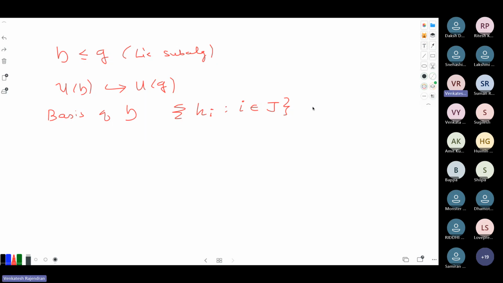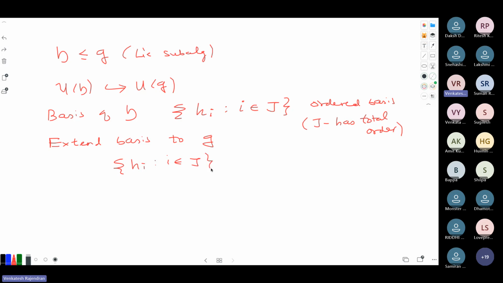You have a total ordering on J. Okay, so this is an ordered basis. That means J has a total order. So now what you do, you extend this basis to G. Okay, extend this basis to G. So then you will get a basis, which let's call h_i, i in J, and then union some x_i, i in K. Okay, so this is actually a basis of G.